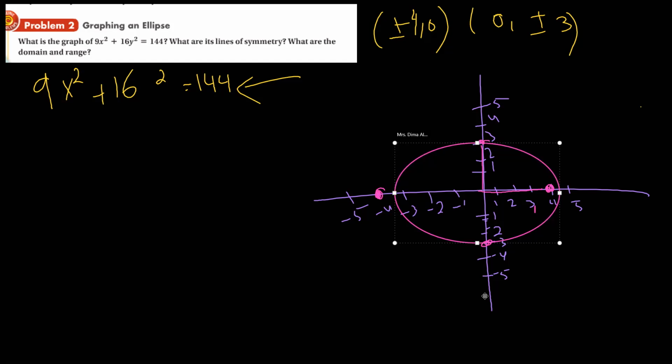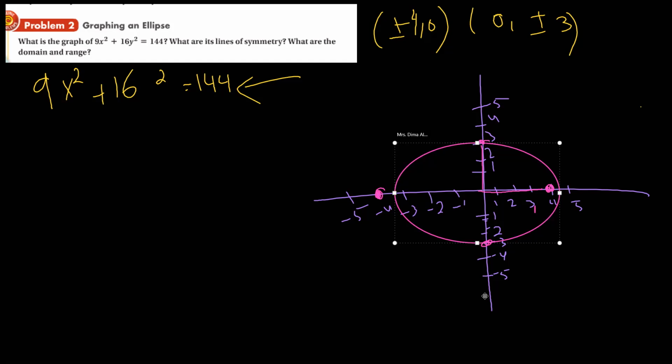So after I find the intercepts, I draw the graph. Now I want to find the lines of symmetry. Did we have many lines of symmetry, or only two?